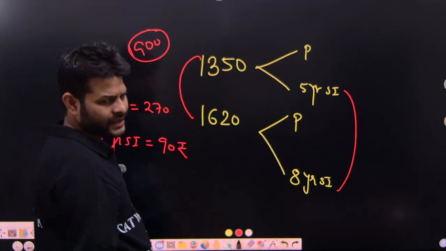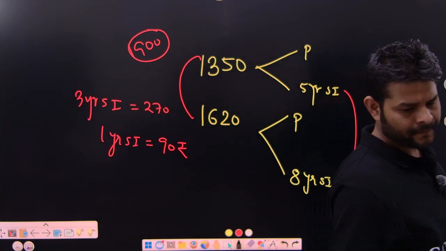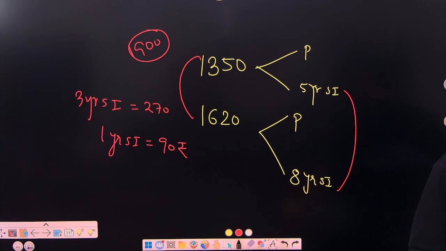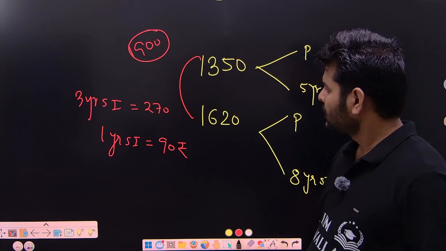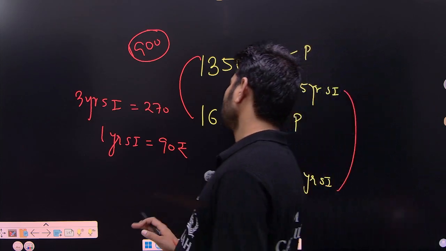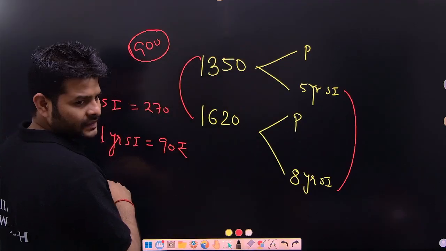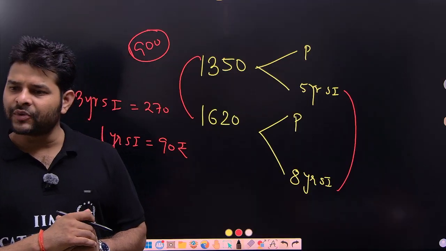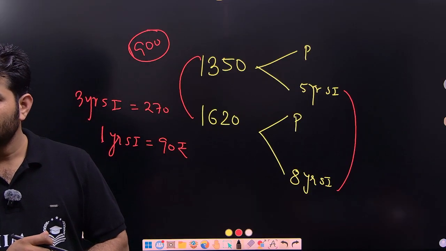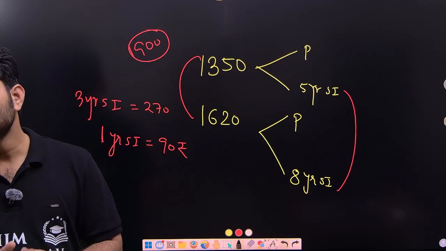You need not use any formula. Pure understanding of this question. So basically 1-year SI is 90. 2-year SI would be 180. SI never changes. So 5-year SI?